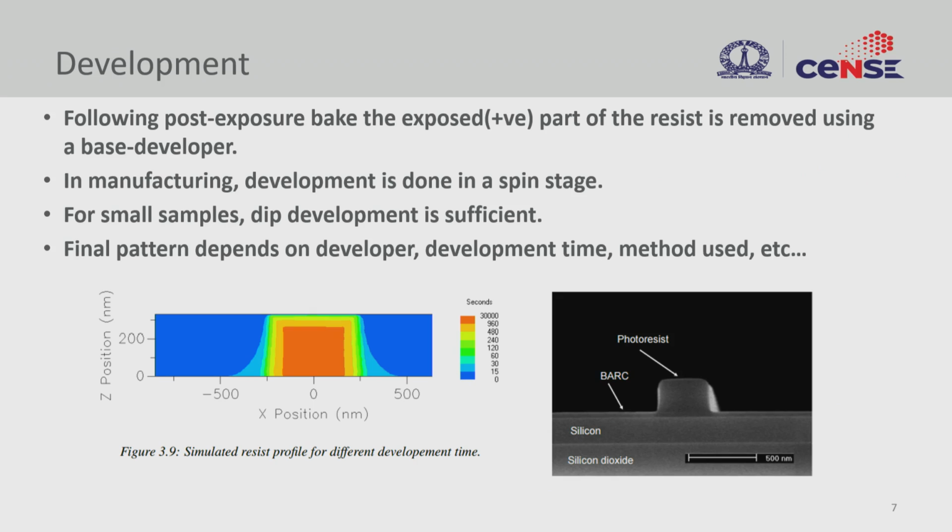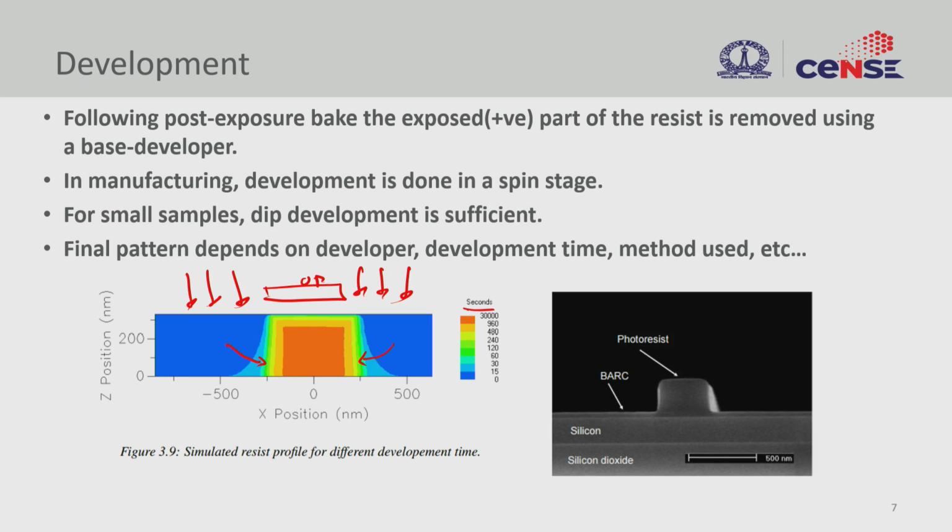So now we are going to put this exposed material into a solvent, right? And this solvent is going to etch or dissolve the exposed part or unexposed part. In this case again we have an opaque part and then the transparent part here, and the colors tell us as a function of time how the solvent diffuses and makes the right profile, right?